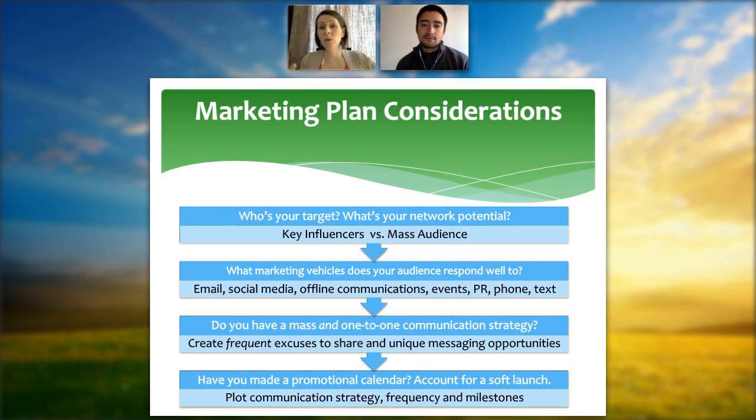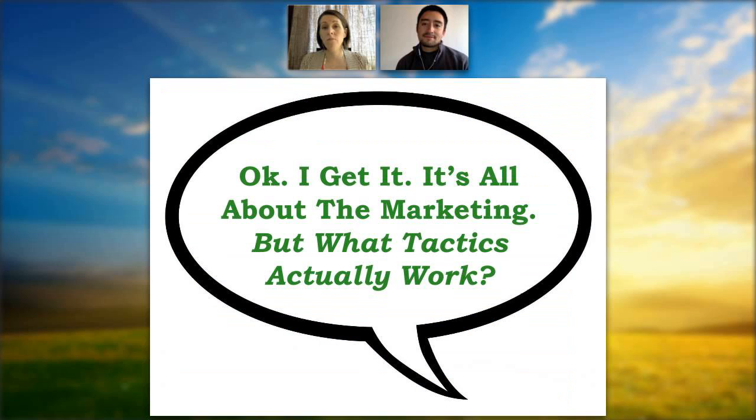The cool thing is that the links we give you for your campaigns are customized and translate really beautifully to print. So you can do a dual effort depending on the situation of your organization and the status of your community of donors. And then finally, make sure that you have an actual promotional calendar. So you get it, it's all about the marketing. I think we've driven that point home.